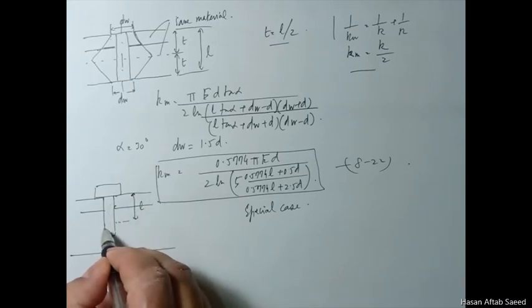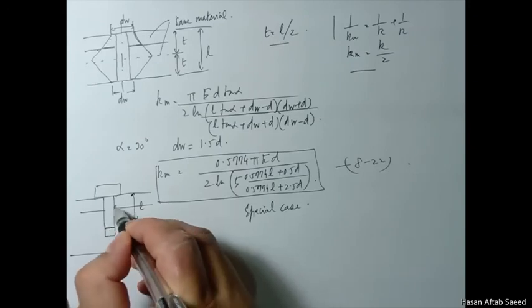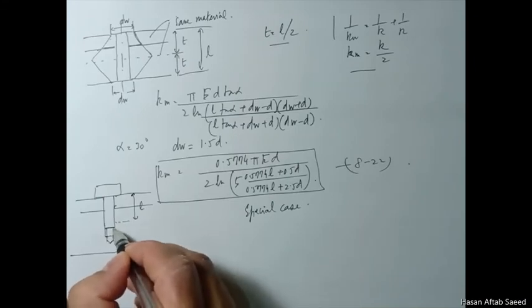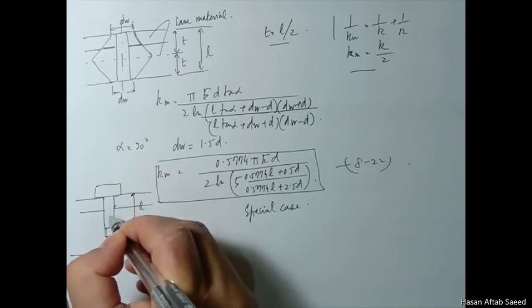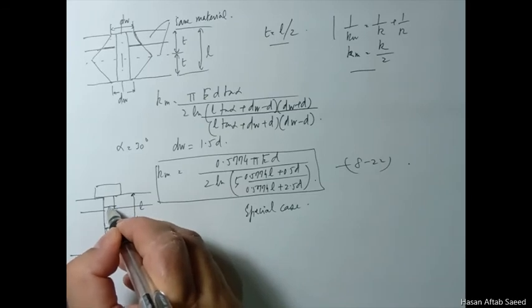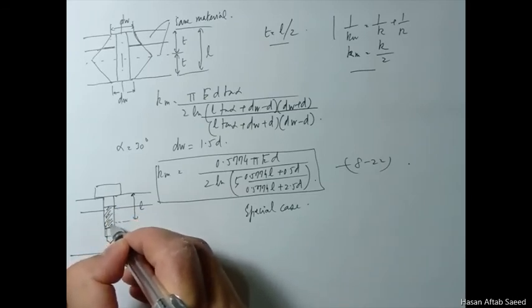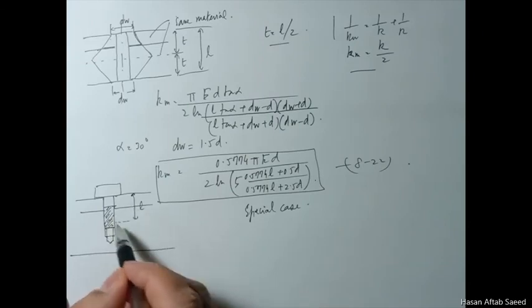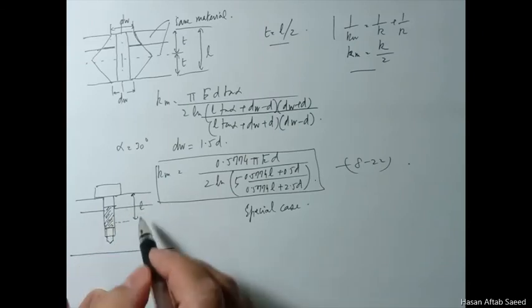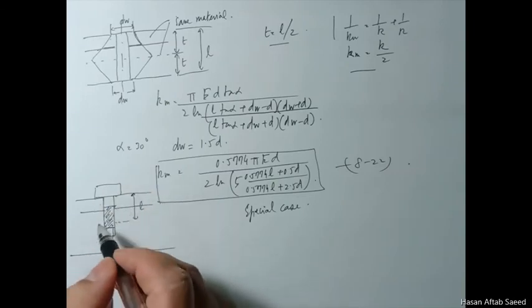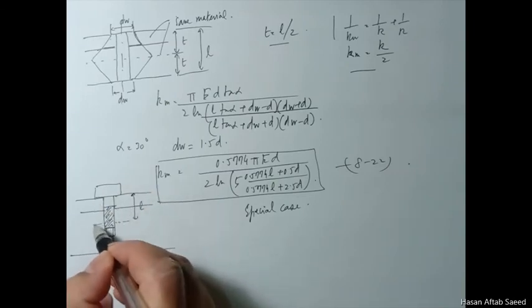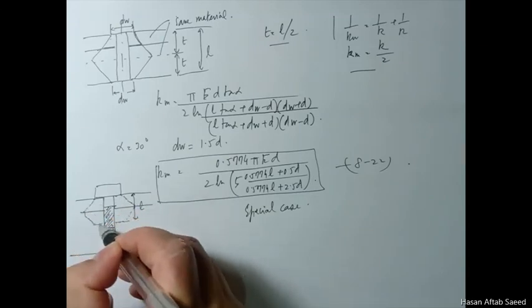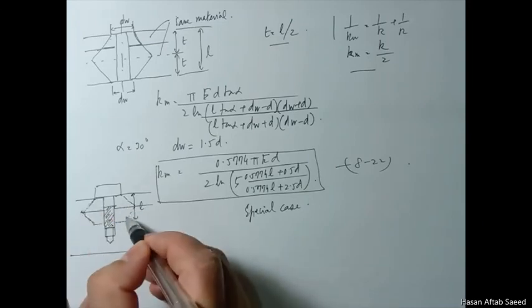But your bolt will be maybe slightly longer than this length, and here will be the threaded part. Your bolt is slightly longer than the grip length, because you won't find the exact bolt of the size required for this L. But apart from that, it's the same situation, the compressive area will be the same as you have here.